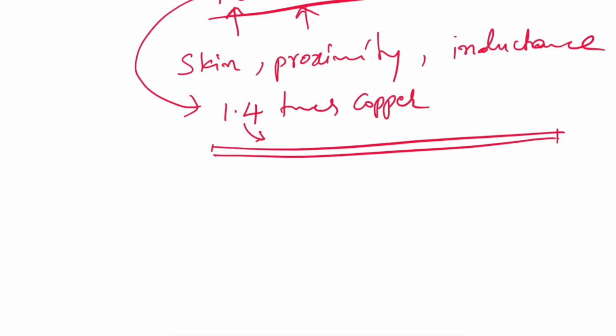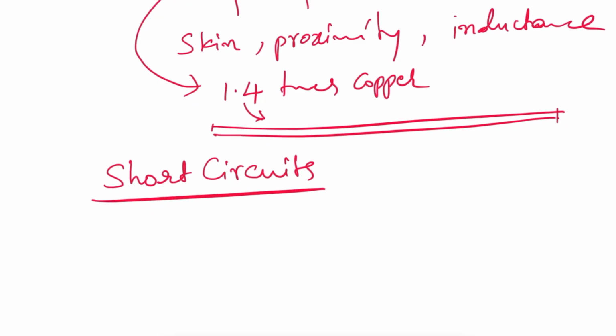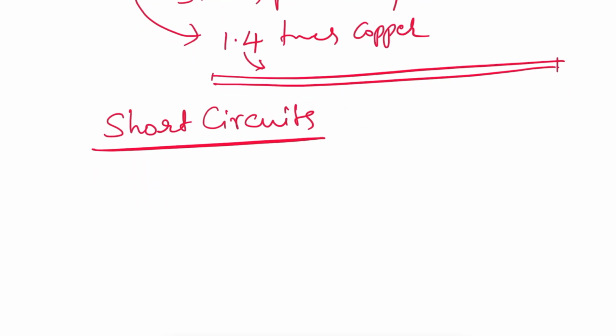Next consideration is short circuit. What is the importance in short circuit? Short circuits do occur, faults do occur on transmission line.